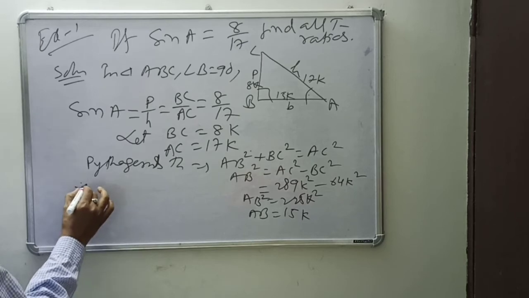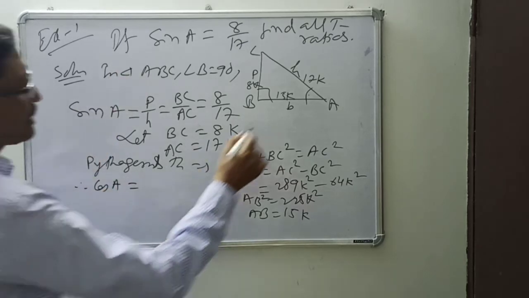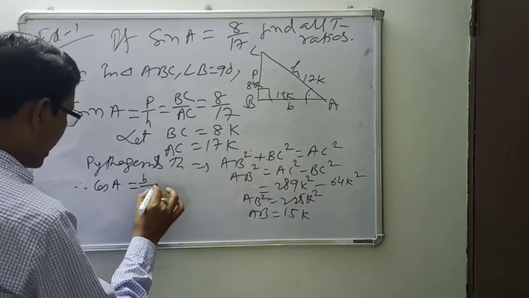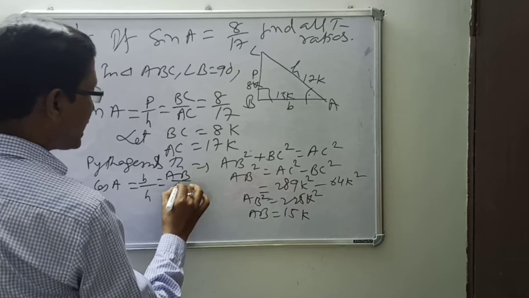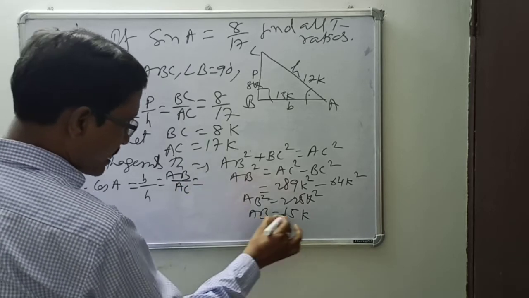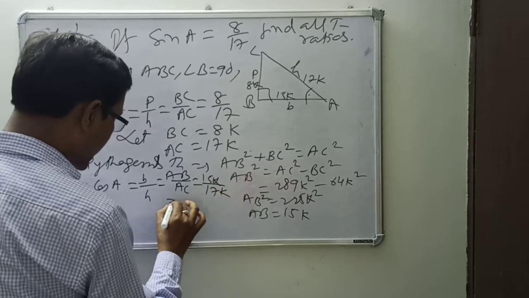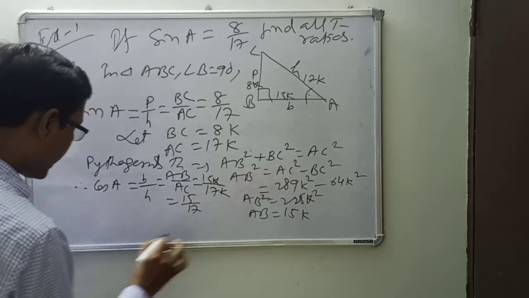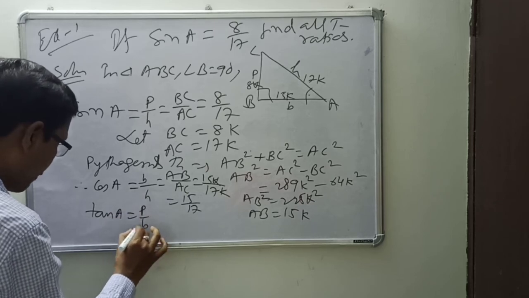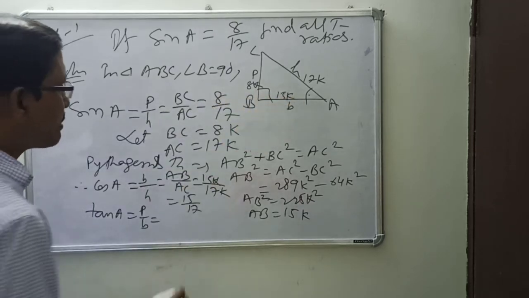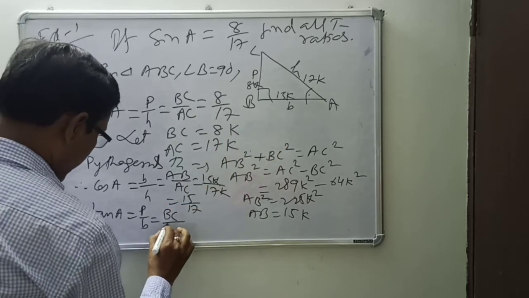Then sin we already have. For cos A, we know it is B by H, so with respect to this, B means AB and H means AC, so you got 15K by 17K, K gets cancelled, so it is 15 by 17. Similarly tan A means P by B, with respect to A, P means BC and B means AB.